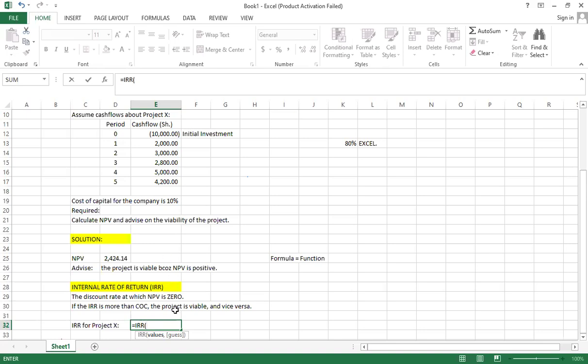In general we pick all the values beginning from the initial investment, so you highlight all the cash flows. Then you close the bracket and press enter. I'll enter that, and this gives me 18%.